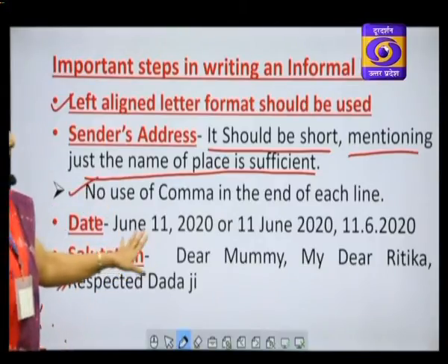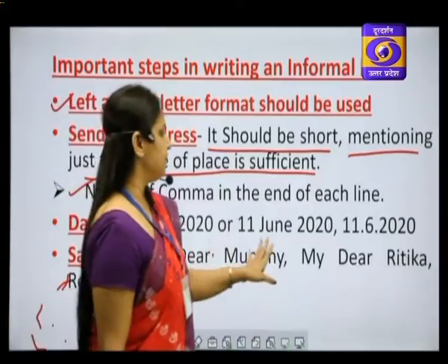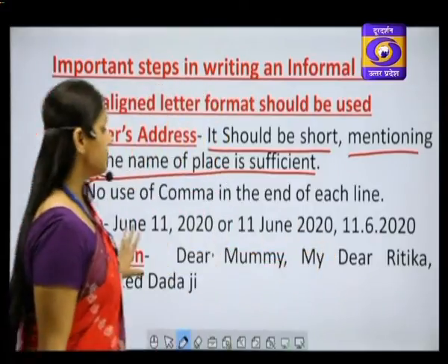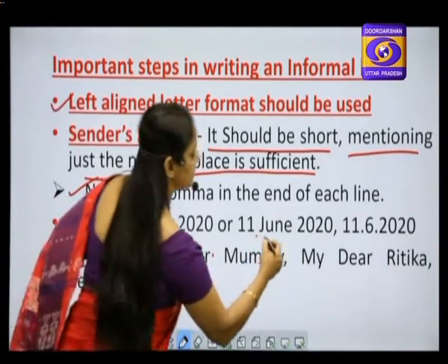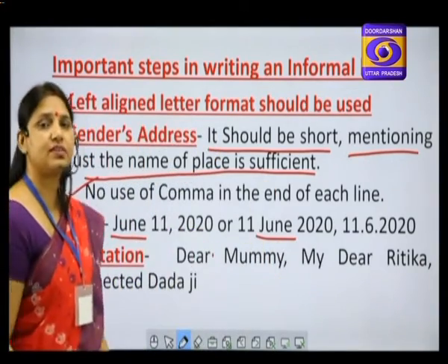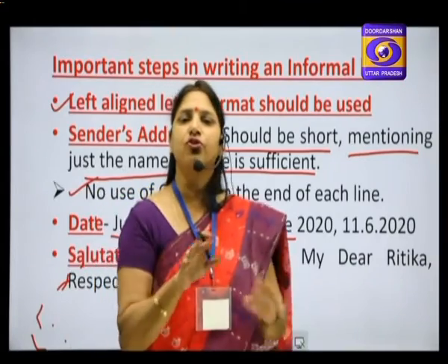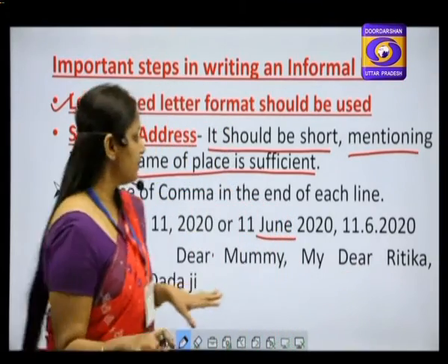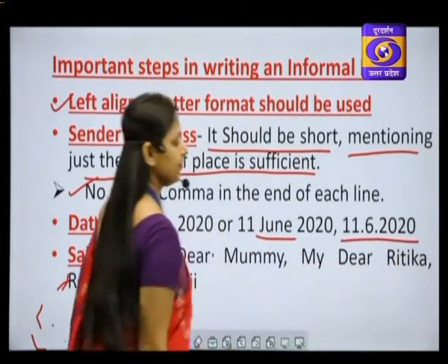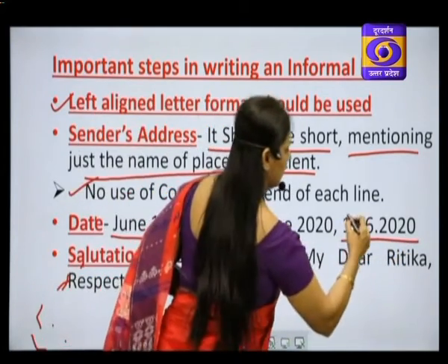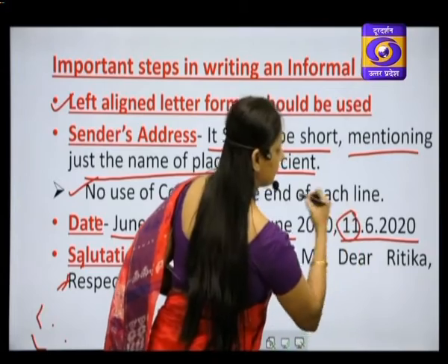Date, June 11, 2020 or 11 June 2020. This is the best way to write. When you write month in words, this is the best way to write because it saves you from all sorts of confusion. Because in America, if you read this date, it will be, month is this, November.